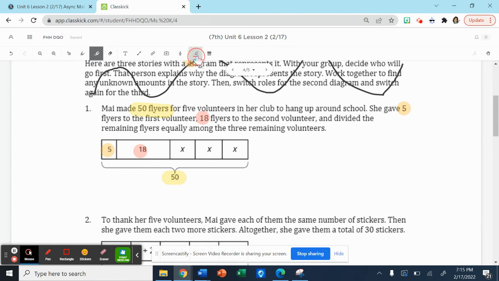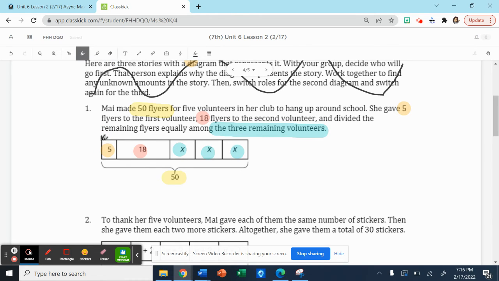And then she divided the remaining flyers up equally among the remaining 3 volunteers. We can see X, X, and X, which is 3 equal groups where she divided the remaining flyers amongst the remaining volunteers. Now, it's our job to figure out how much X is, or how many flyers each of the 3 remaining volunteers got.